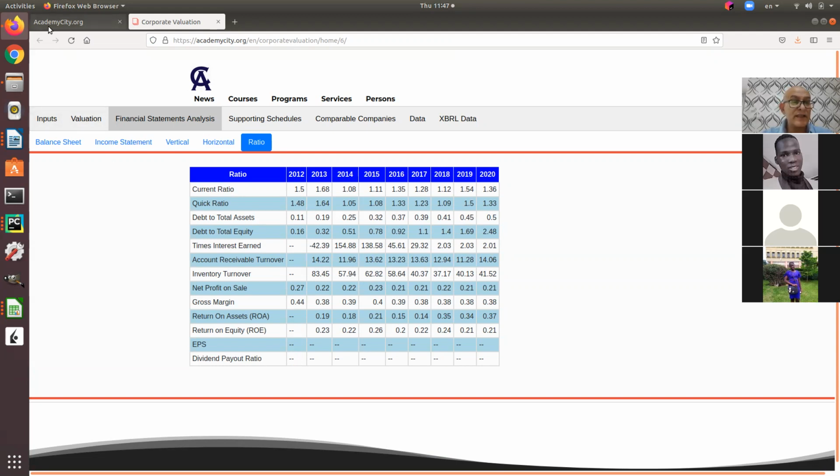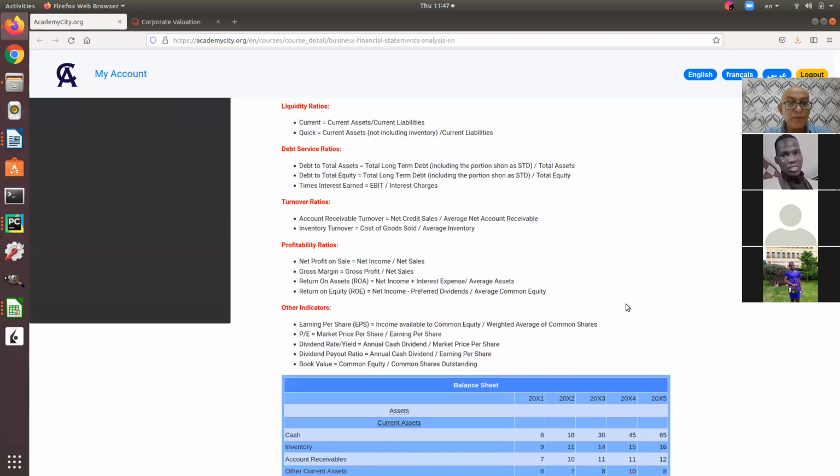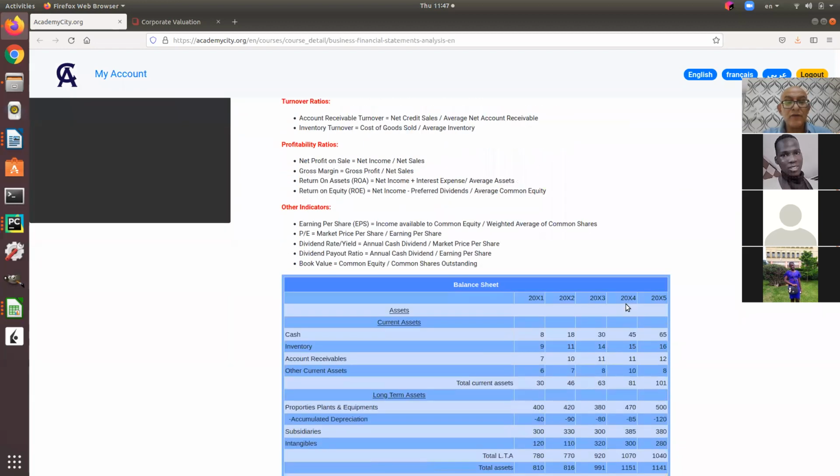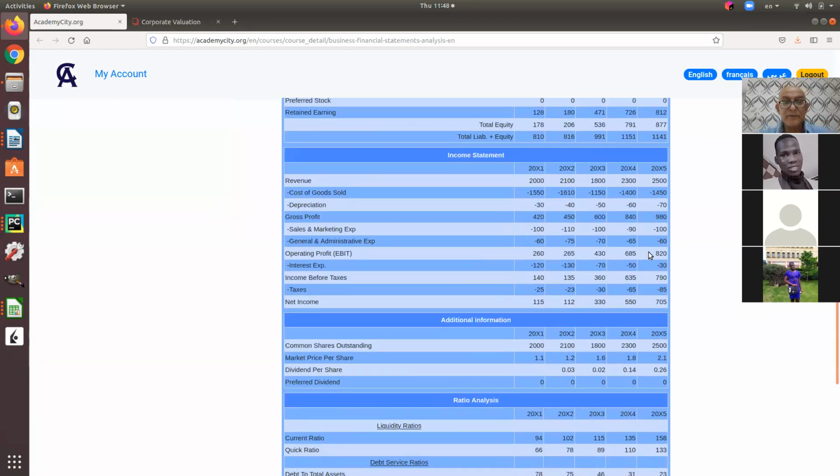Okay, let's look at the other category of ratios: profitability ratios. Bottom line, is the company making a profit? We saw before, and we talked about it, that when we talk about profitability, we should really start from the line of operating profit.